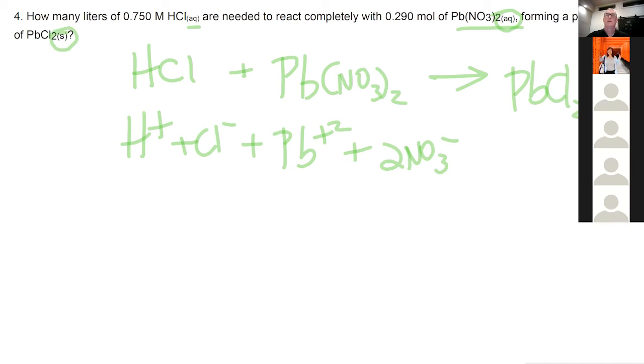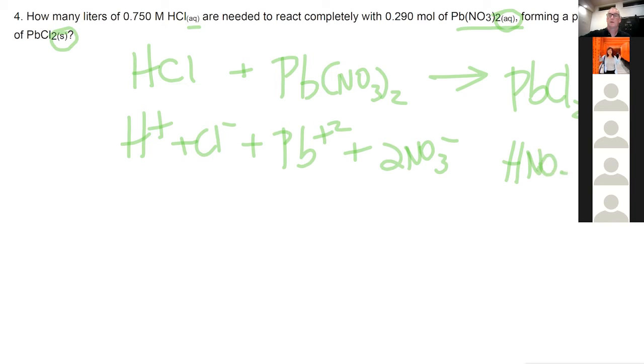So what does that mean? Solid. So because it's a solid, what happened to it? It precipitated, right? So that means it's no longer an aqueous solution. It's now a solid. And you're right, the other product is nitric acid.